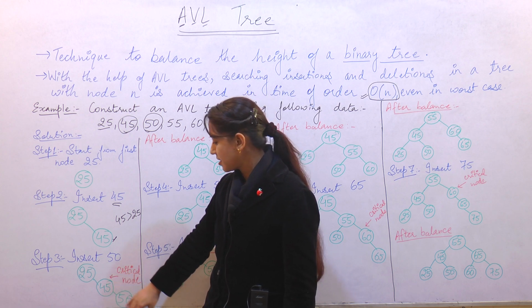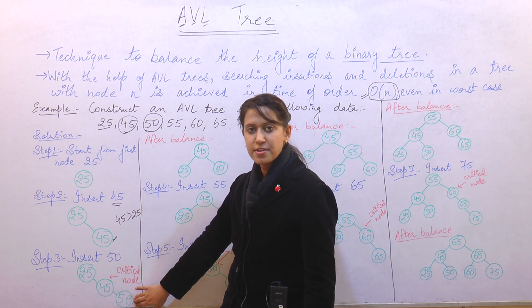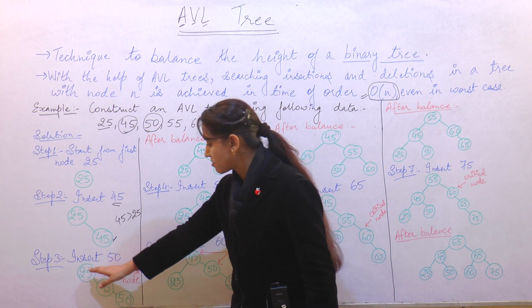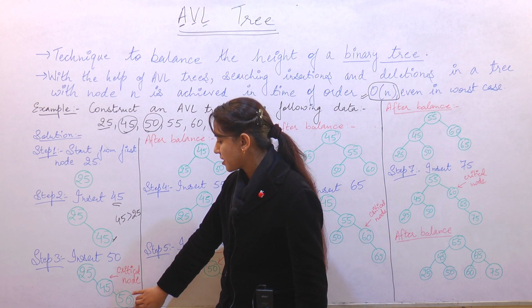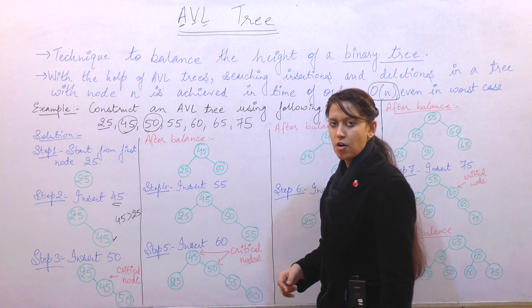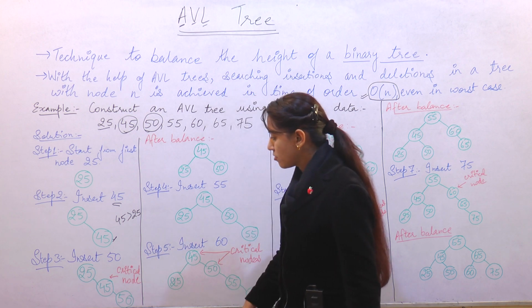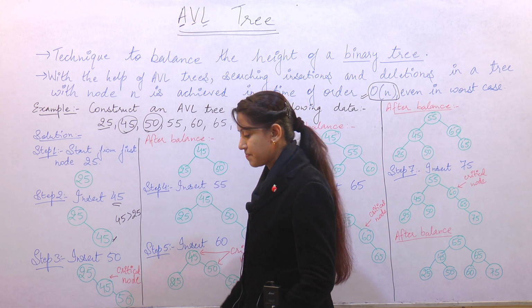Since 50 is greater than 45, we insert 50 on the right hand side of node 45. Now this will give us a tree in the right direction.